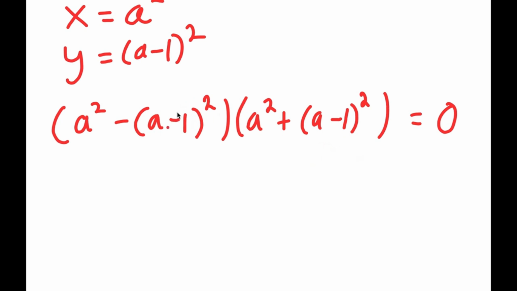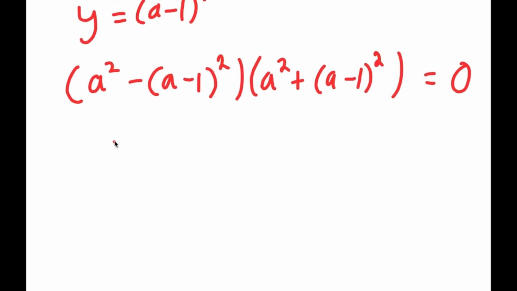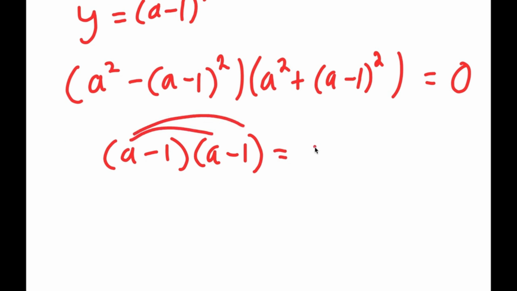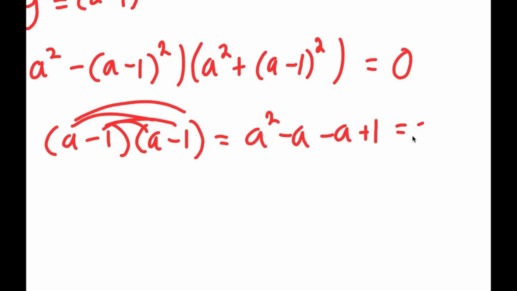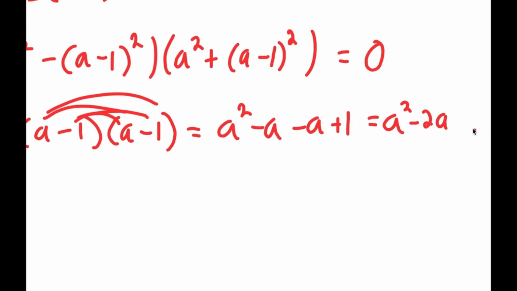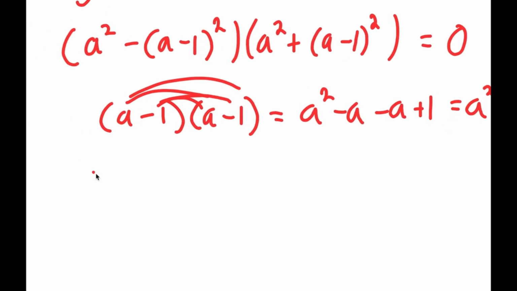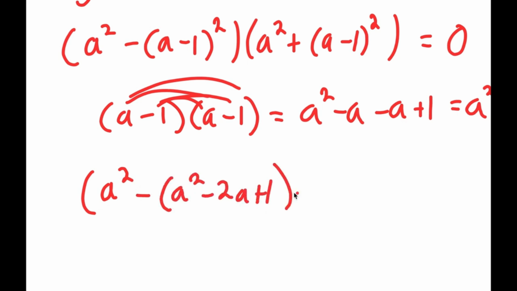Now, we're going to go ahead and expand (a minus 1) squared. So (a minus 1) squared is the same thing as (a minus 1) times (a minus 1), which is equal to, if I distribute, a squared minus a. Now if I distribute the negative 1, minus a plus 1, which is equal to a squared minus 2a plus 1.